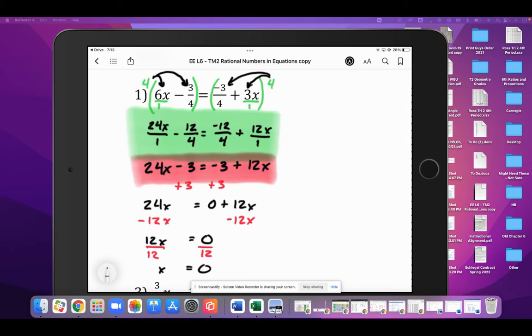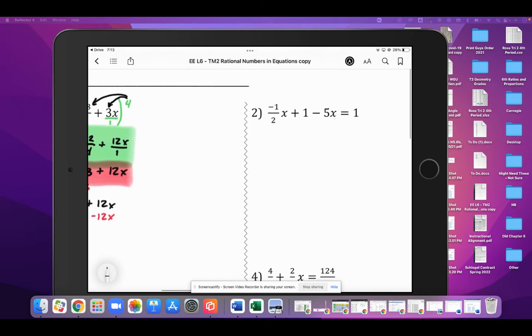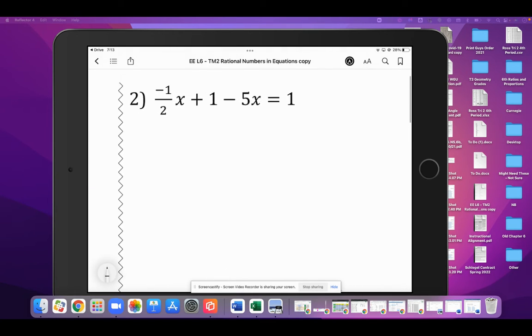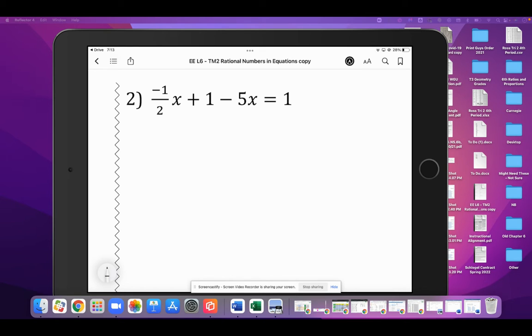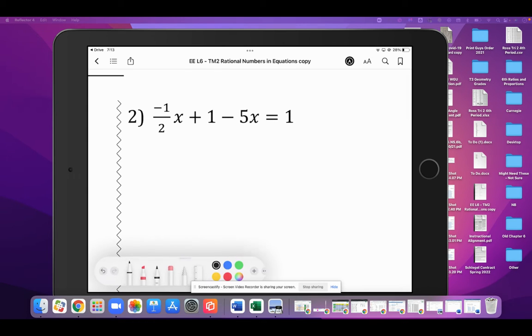I'll move on to number 2. So for number 2, we do have a fraction again, in this case, -1/2. I don't like fractions, and so we're going to do something about it. We are going to select a common denominator to multiply both sides by.